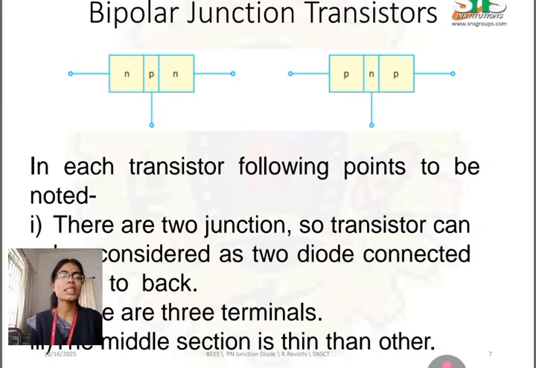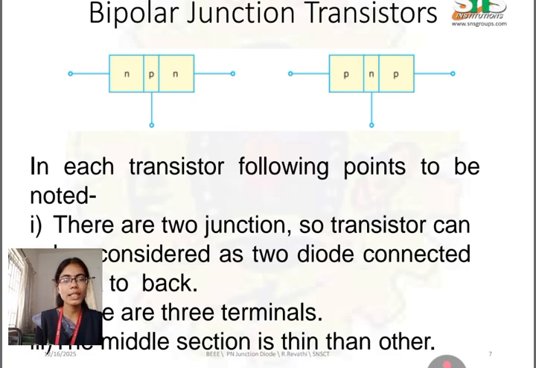The emitter is a highly doped material, able to push the charges to the collector part, whereas the collector is a lightly doped material that collects the charges. The base acts only as a path between emitter and collector.